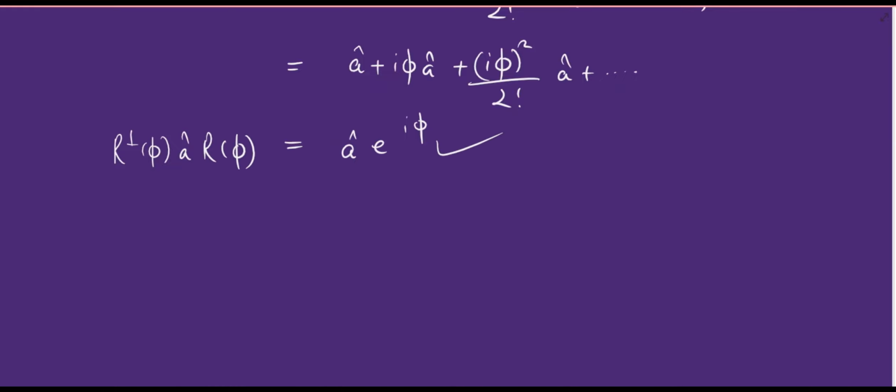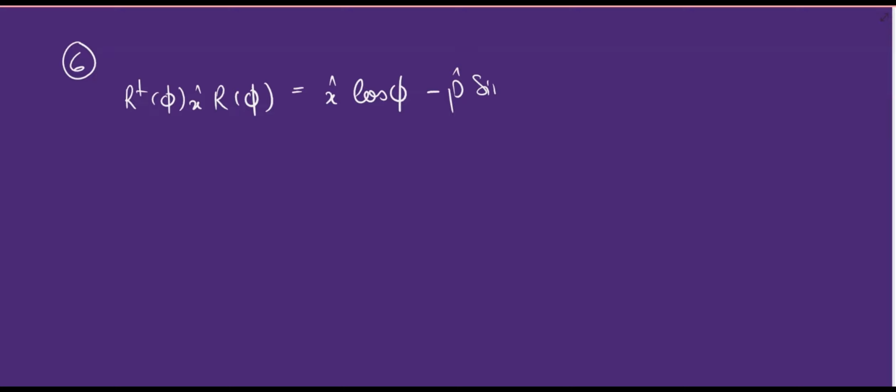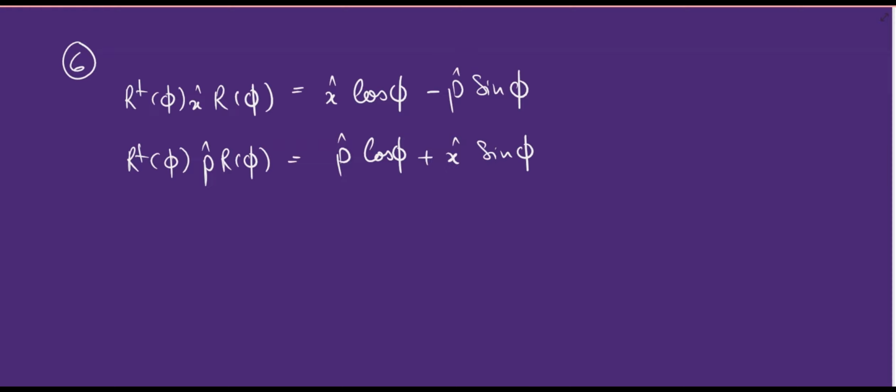In the same way, I leave it on you to derive what happens with a dagger. It's simple. Now let's calculate another property. R dagger(phi) x cap R(phi) is equal to x cap cos phi minus p cap sin phi, and R dagger(phi) p cap R(phi) is equal to p cap cos phi plus x cap sin phi.